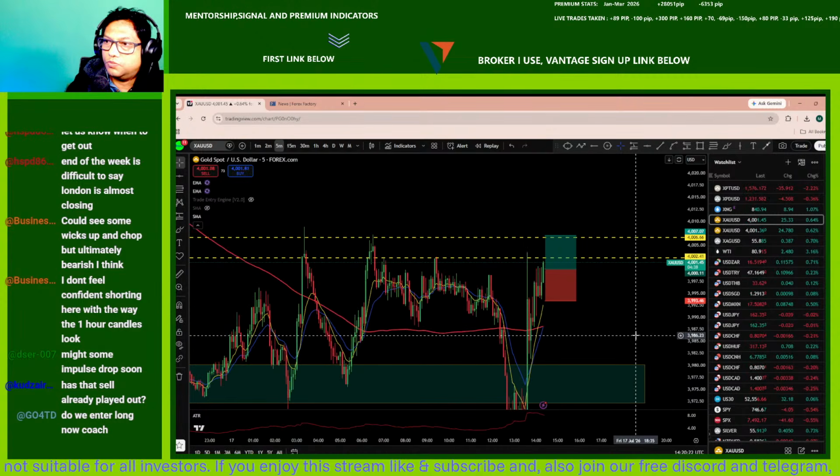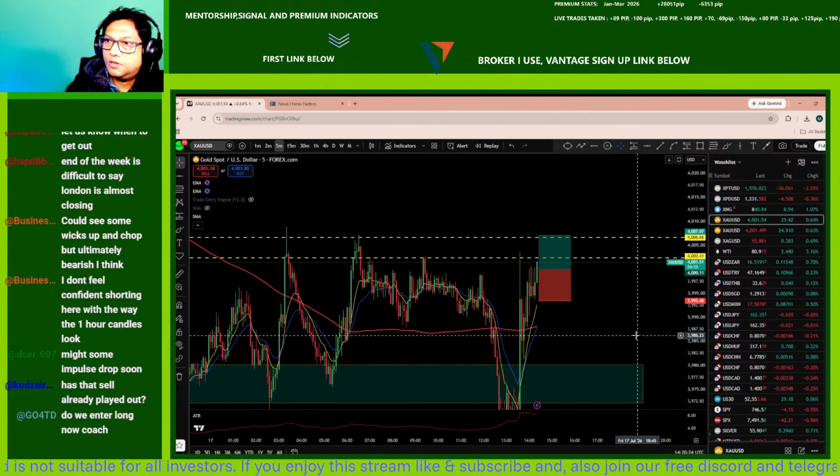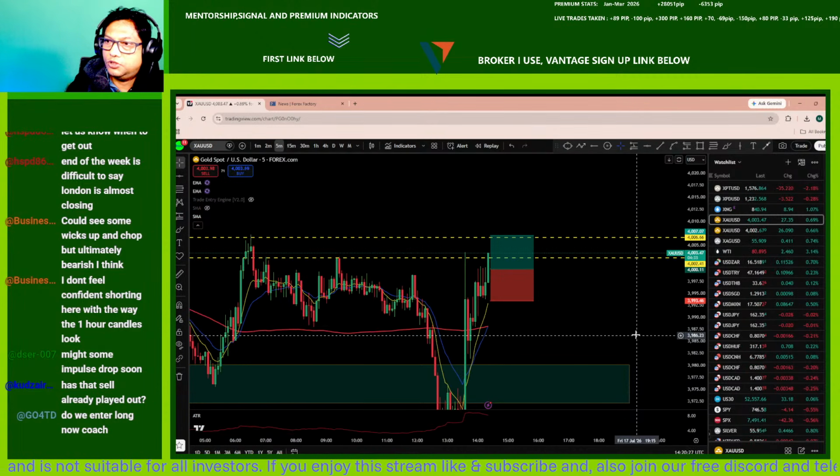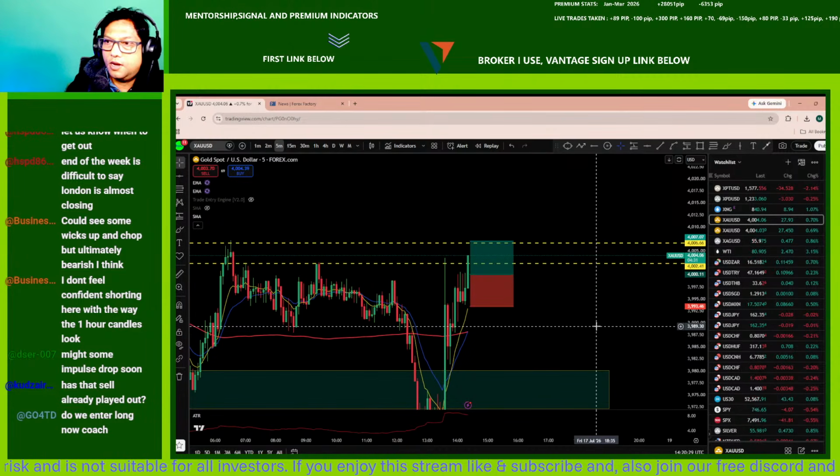So three large moves that you can see, expecting it to break to the upside and potentially go back to create a higher high.